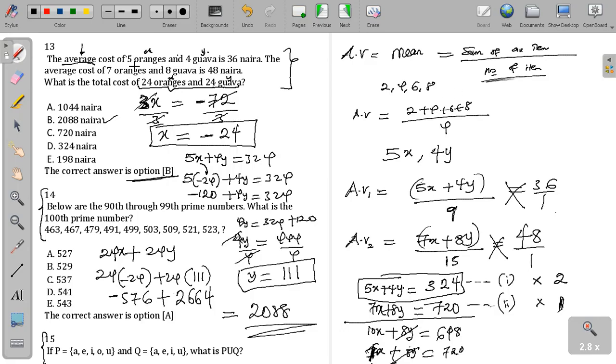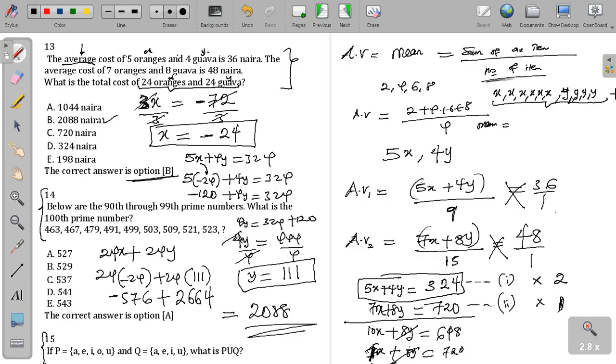It's as if 5 oranges means I have x five times, and I also have another y in 4 places. So if I ask you to find the average of these, what will you do? Average means mean, right?